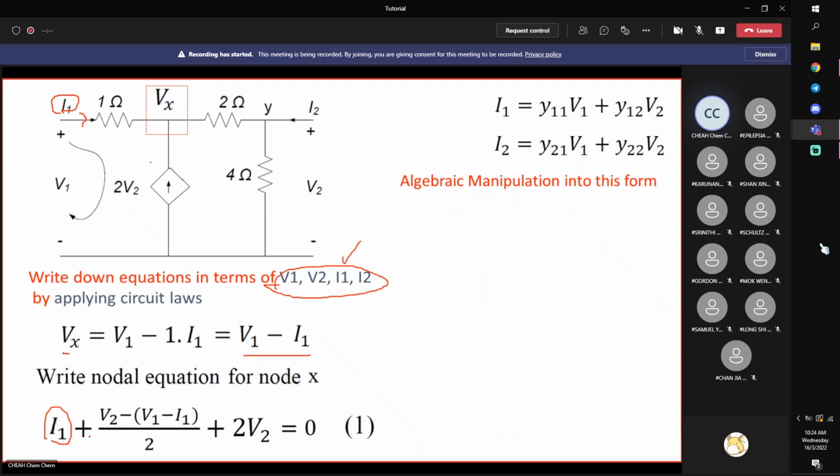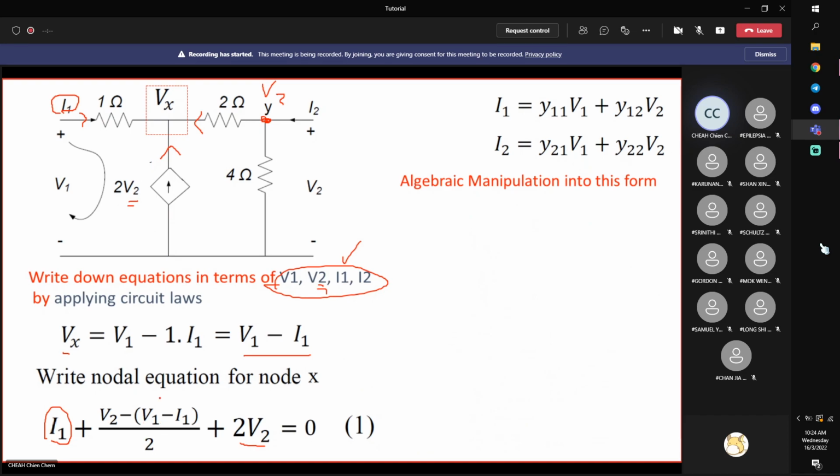So this I1 plus, next one will be this current, which is 2V2. Also in terms of V2 is okay. So we leave it, no need to do anything. Only the other one, which is this one over here. Here we put inflow as well. Over here you have V2, this node voltage is V2.